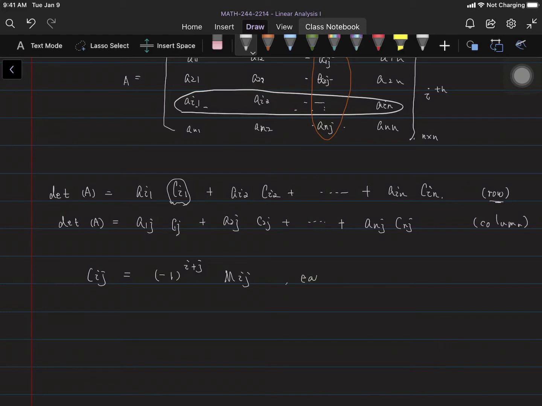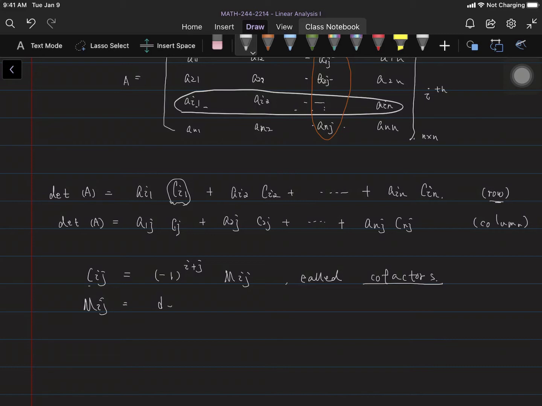This is called the cofactor. We choose C as the first letter, and Cij has -1 to the power i plus j, so it has a sign in front, and times Mij. And the Mij means the determinant of the matrix obtained by deleting the ith row and the jth column.